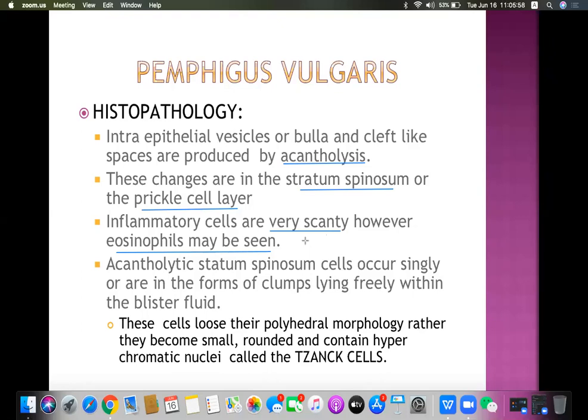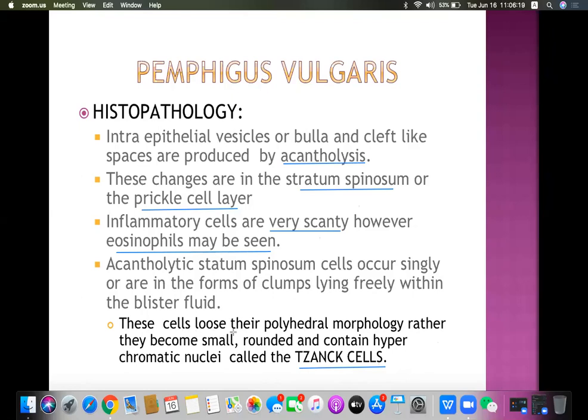Now, the most important point in histopathology is the presence of Tzanck cells. We have talked about this before, if you remember, Tzanck preparation and Tzanck cells. Now, these Tzanck cells are formed because of acantholysis, or the destruction of desmosome. How do they look?